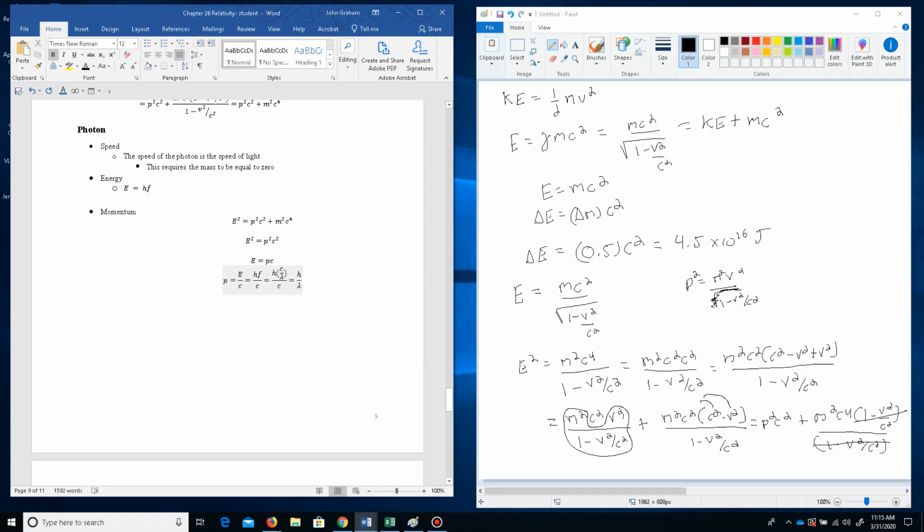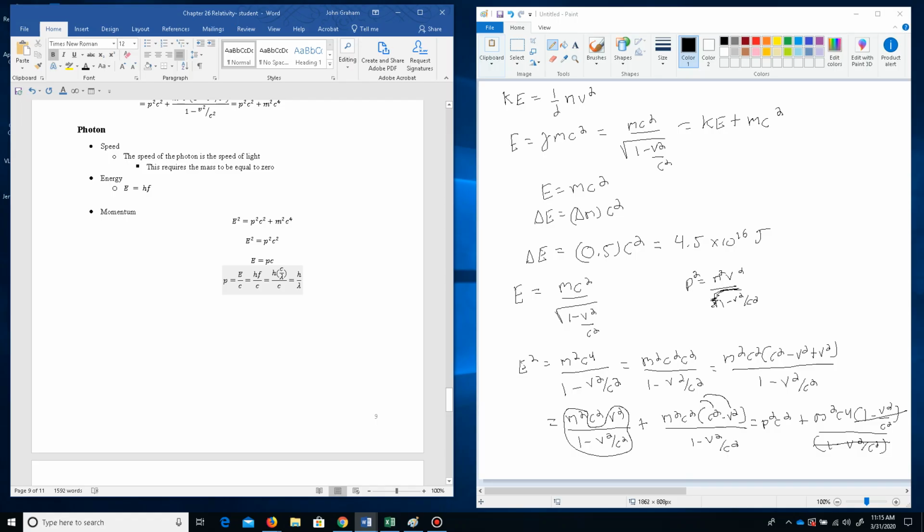Well, f is c over the wavelength. So now we have hc over the wavelength over c. Those two c's cancel out, and you get h over the wavelength, which is Planck's constant. Or I'm sorry, not Planck's constant. Actually, no, it's de Broglie's equation.